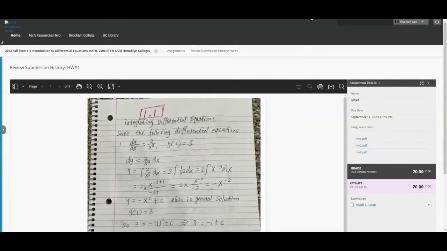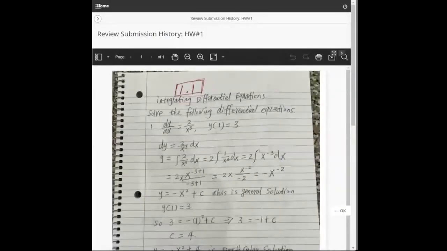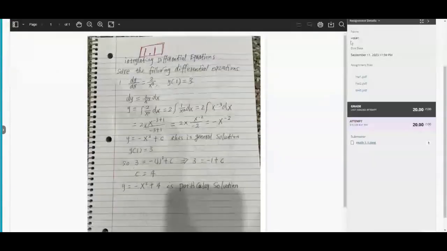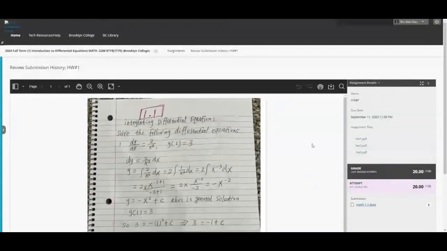Left side or right side? The right hand side. Okay, let me see. Here is better. But I still cannot see it. What's written here?